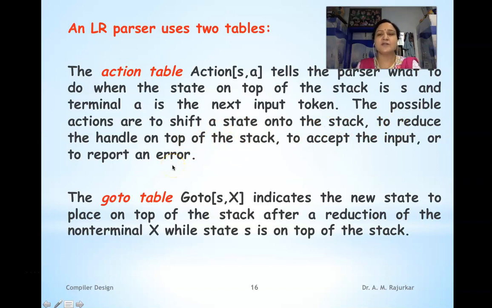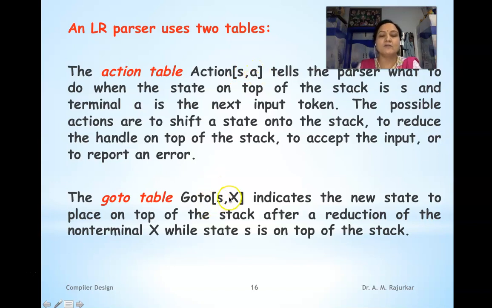The second part of the table is called the goto table, which consists of goto[S, X]. Here S stands for state, which is a row of the parsing table, and X stands for non-terminals of the given grammar. In the action table we consider only terminals: when a terminal symbol is available in the input and the state is the row index, what action is to be taken.